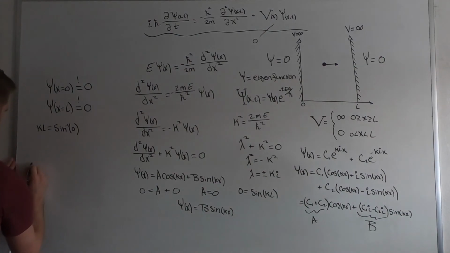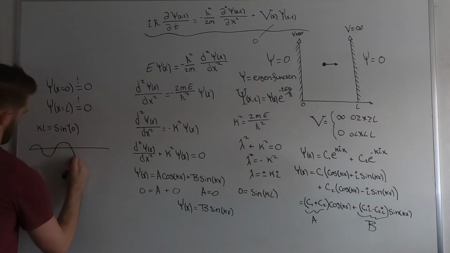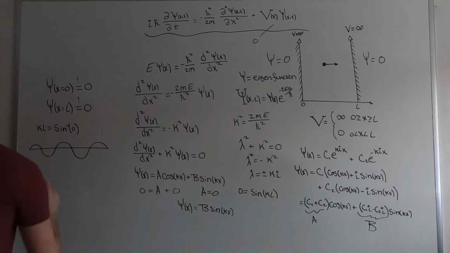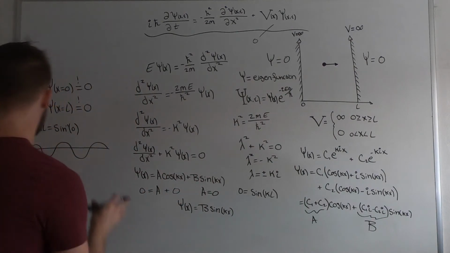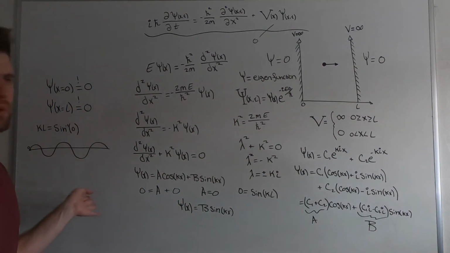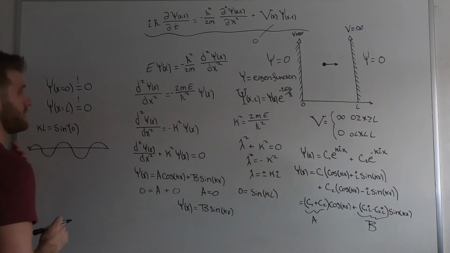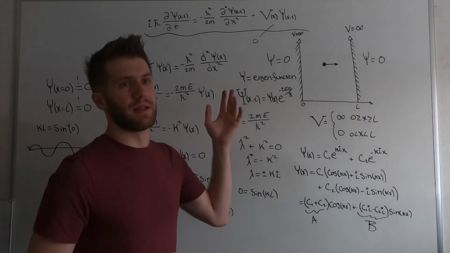Let's illustrate this with a little diagram where we have our sine function starting at the origin. At 0, it is equal to 0. Well, we don't want that part of this condition to be 0, and that is due to the fact that we need the particle to remain in the box.